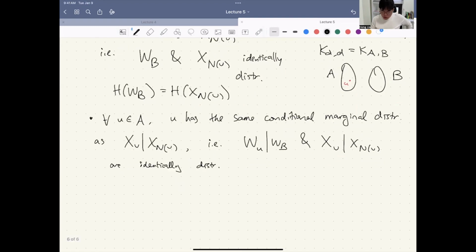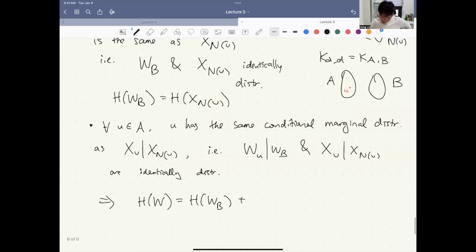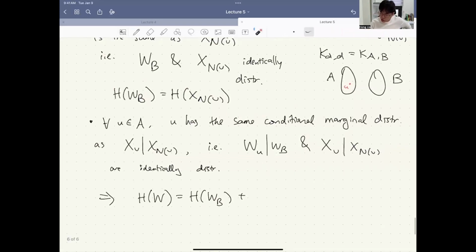Okay, so this means the entropy of W equals the entropy of WB plus, and this is IID for every vertex U, they are conditionally independent of each other given WB.